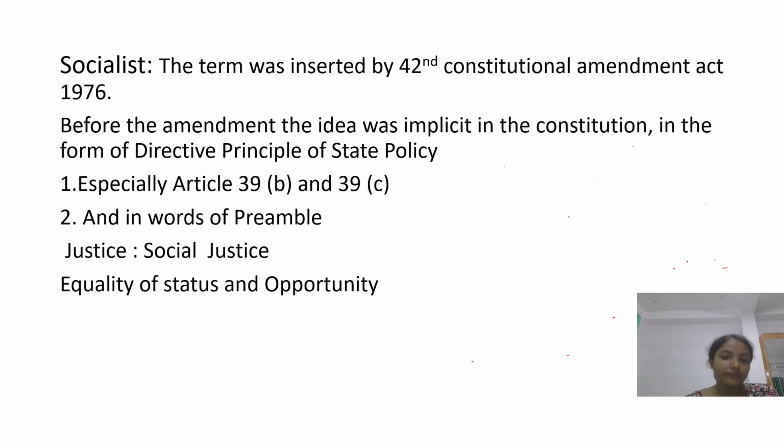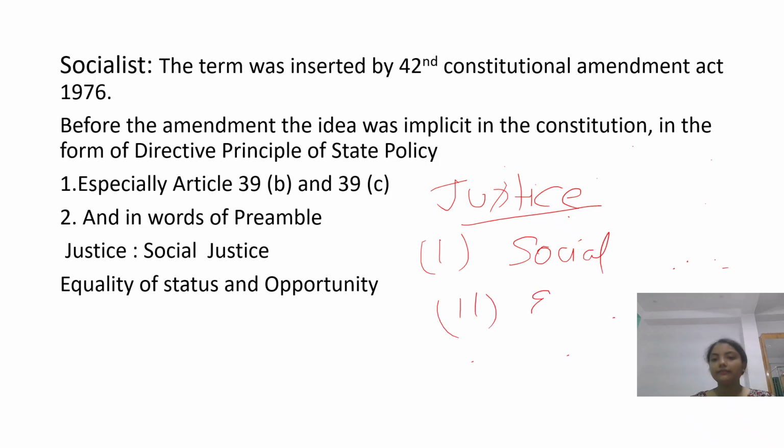So the directive principles are talking about the socialist principle. In the preamble also, the preamble is talking about securing justice for its citizens. The preamble envisages justice, and it is talking about three types of justice: social, economic, and political justice.